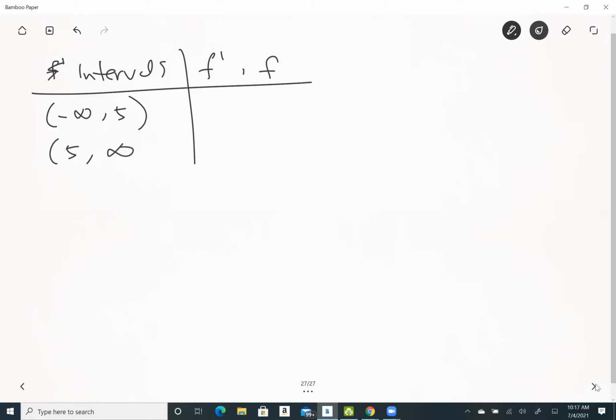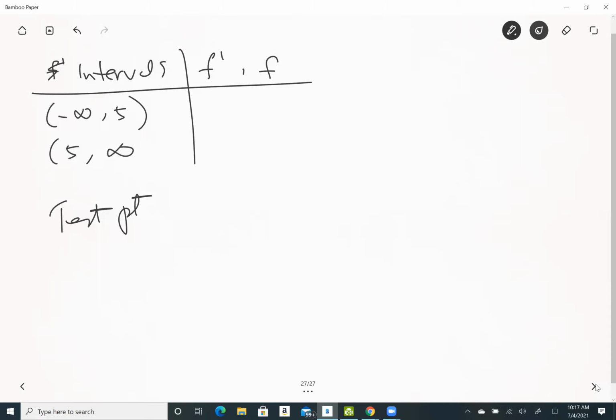Now we use this property. If the f prime is positive for all values of x in an interval, then the function is increasing. So when you want to test whether f is increasing or decreasing over that interval, we need only one test point. Because if it is true for one point, then the function has that property, y prime increasing or decreasing.